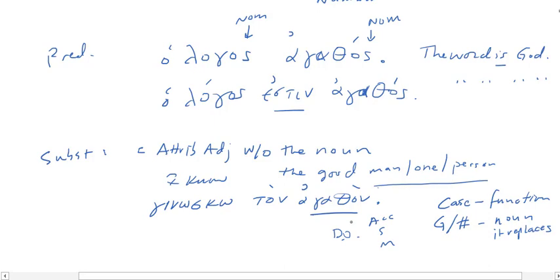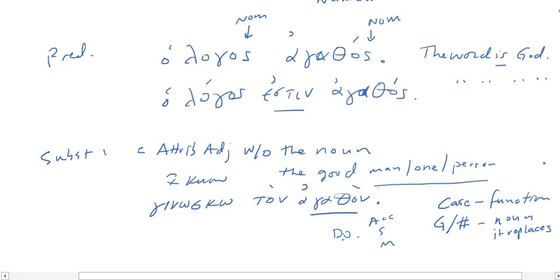And that means that substantival adjectives can be how many cases? Any and all, right? So the only restriction on case is which one? The predicate use. Okay, because I have to have a copular construction. And so I'm going to have a nominative adjective.